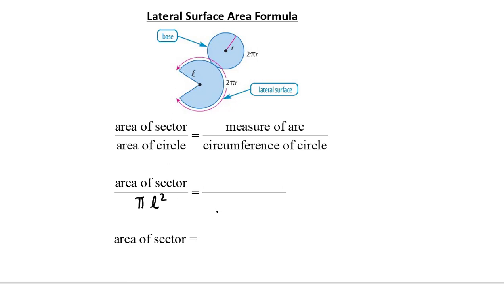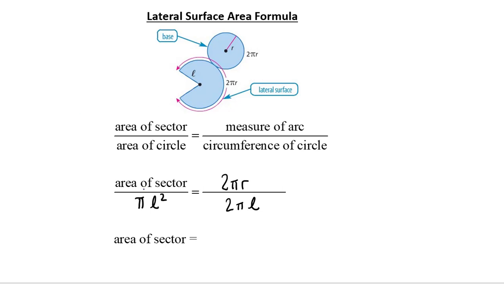The measure of that arc is 2 pi r. So the circumference of this circle is 2 pi times the slant height.